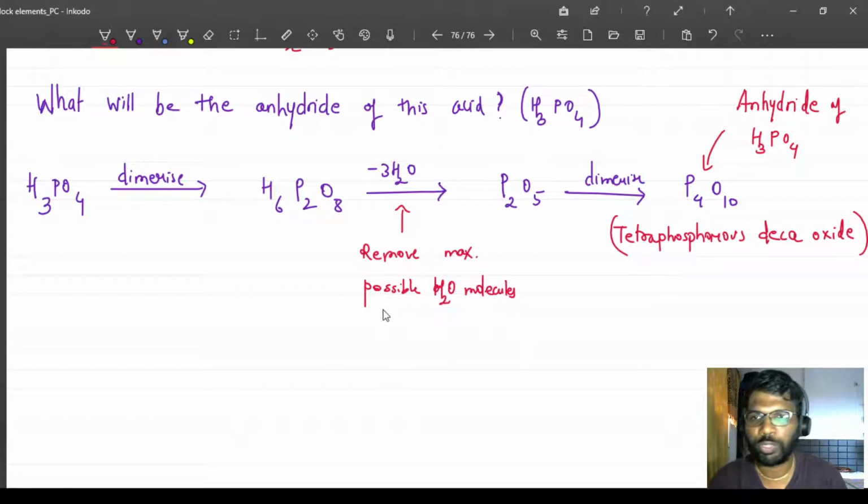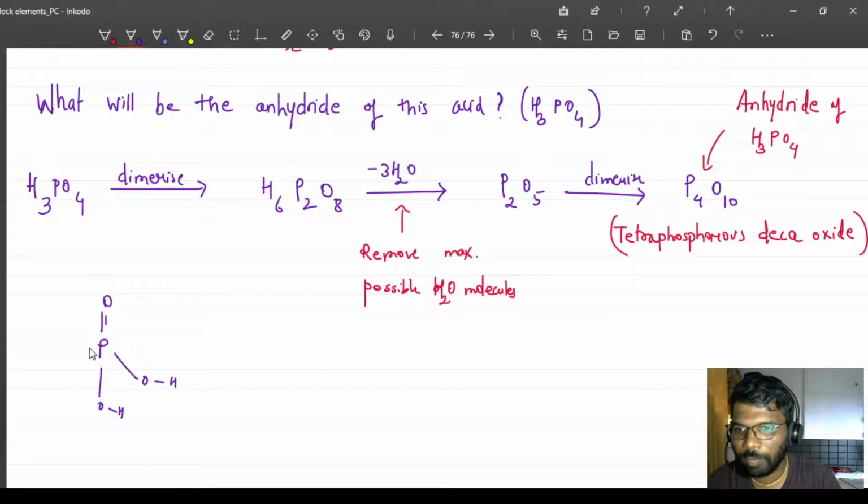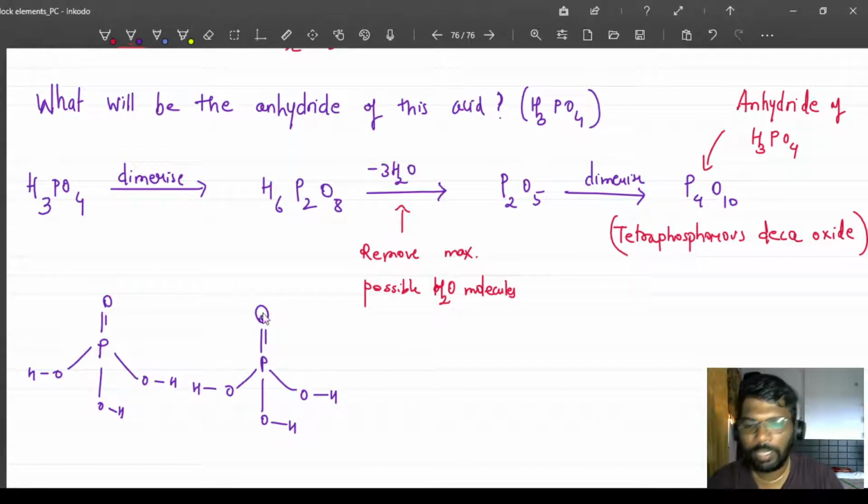Now, with respect to structure, if I want to show the steps from here to here, H3PO4 dimerization means you take two molecules of phosphoric acid. Another molecule I'll take for dimerization.